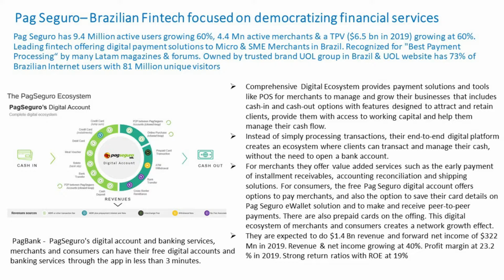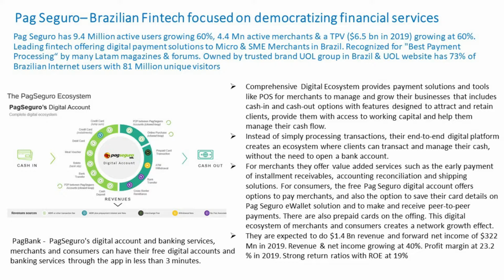So they call it PagSeguro's digital account for the consumers. So without going to a bank, they can set up these digital accounts and do a set of transactions that was possible only through physical banking erstwhile, and they're calling it Pag Bank, which is PagSeguro's digital bank and banking services.